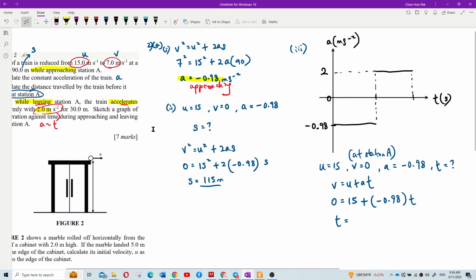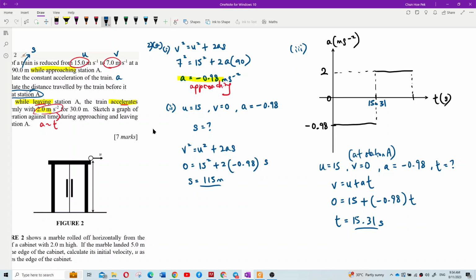Do you have a calculator, class? 15 divided by 0.98, so it's 15.31 second. Yeah, so I got 15.31 second, class.